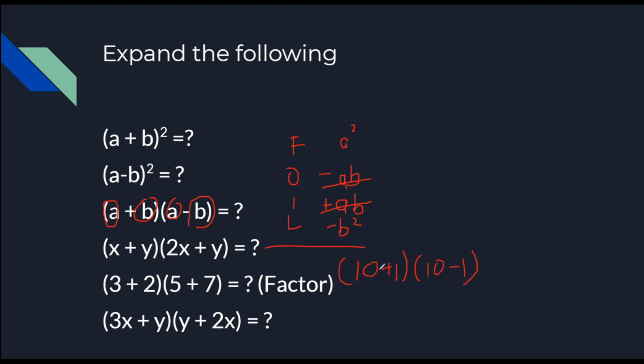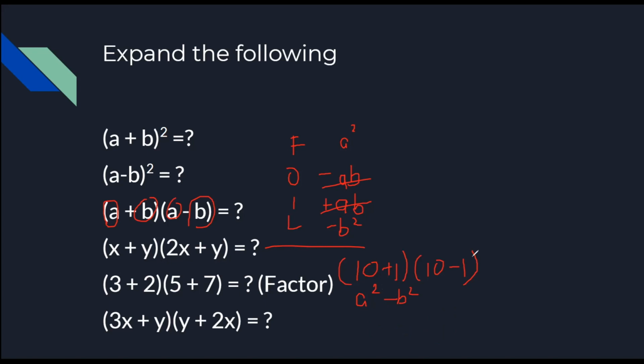This is clearly 99 because you have 11 in the first parentheses times 9 in the second parentheses. That's 99, right? But another way to do it is think a squared minus b squared. But what is a? A is 10. So a squared is 100. What is b? B is 1. So b squared is 1. So that's another way that you can get 99, okay? Instead of multiplying it out by hand.